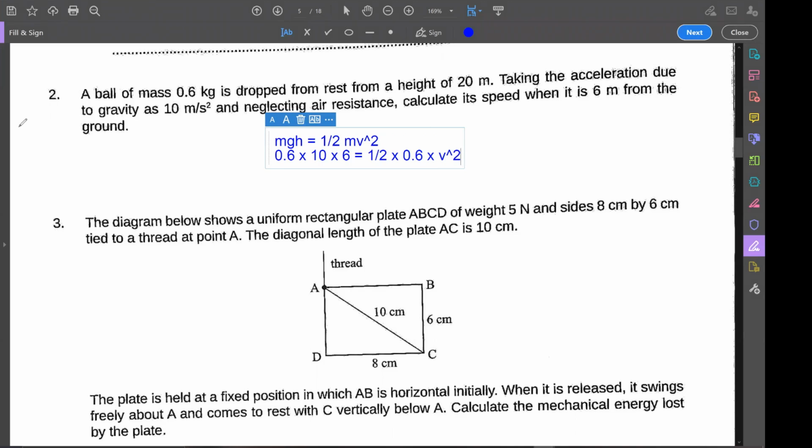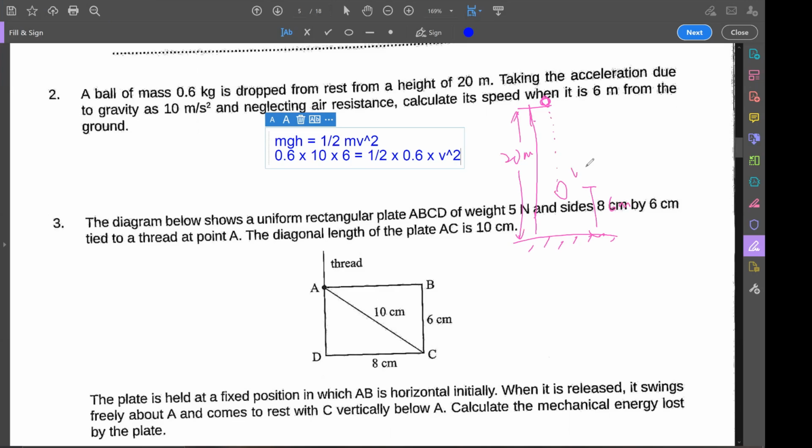Okay, so our situation is like this. You have a ball on top here, ground is here, 20 meters. Then it drops until here, which is 6 meters from the ground.